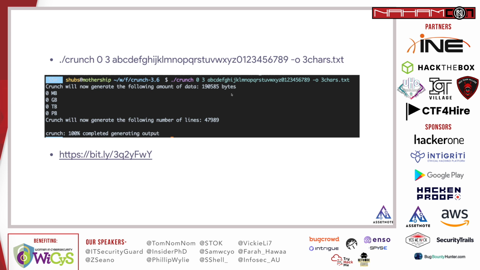In this example, I've done all lowercase letters and numbers, and I'm making a word list from 0 to 3 length, and that generates roughly 47,000 lines, and then you can use that with ffuf. The link at the bottom of this slide just links to the SourceForge project, which you can compile on any Linux machine and start using this tool for brute forcing purposes.